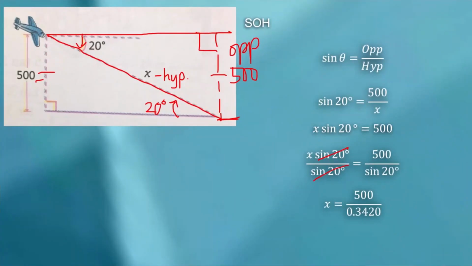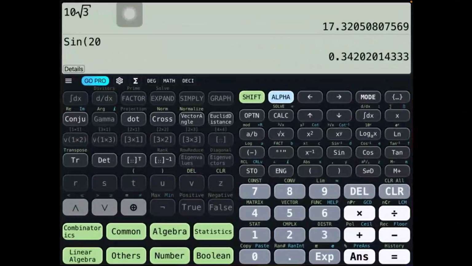And then, pag nakuha na po natin yung sagot ng sin 20, we're going to divide 500 by 0.3420. 500 divided by 0.3420 is x is equal to 1461.99.